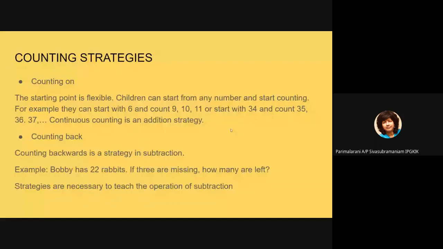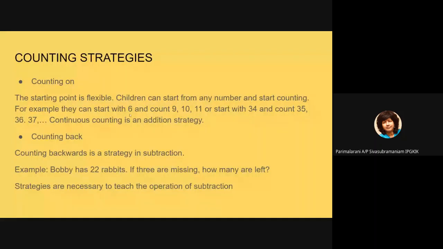Counting on is a very good strategy for doing addition. That's why they must learn counting on, because they will use this when they learn addition in the beginning stages. Even in daily life we use counting on all the time.